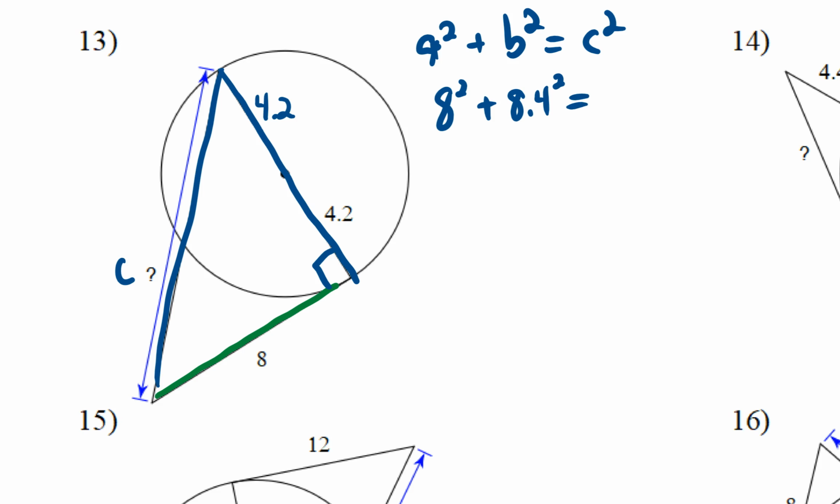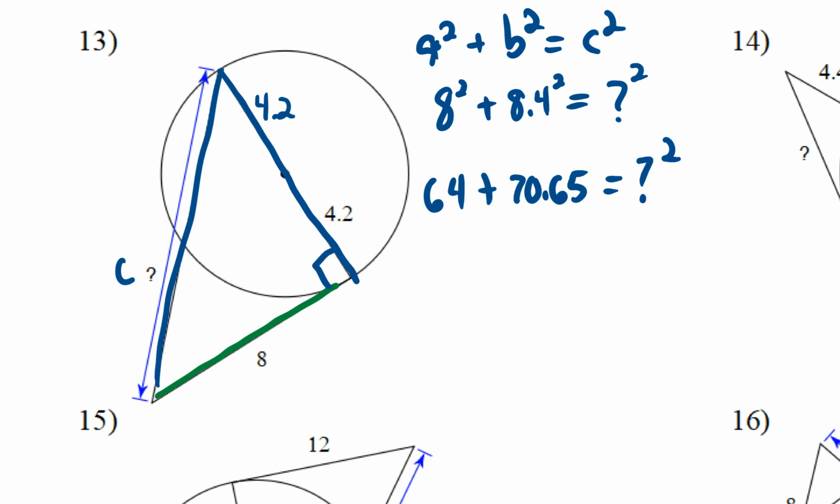Then finally, our c value we don't know, that's our question mark, and we'll square that. Now we simplify. We do 8 squared and get 64. Then we do 8.4 squared, and that gives us 70.65. And that's going to equal question mark squared.